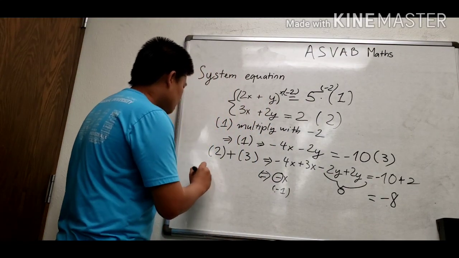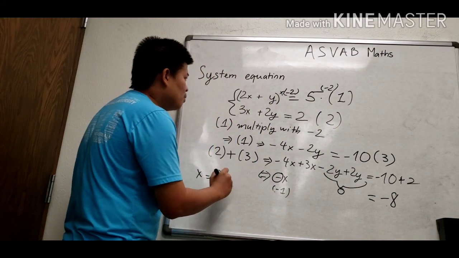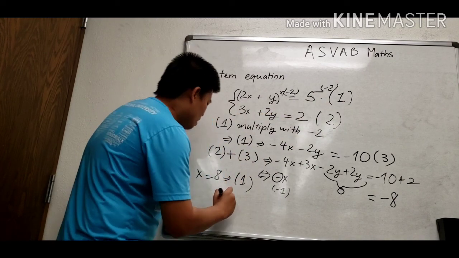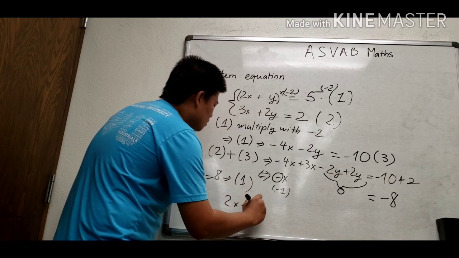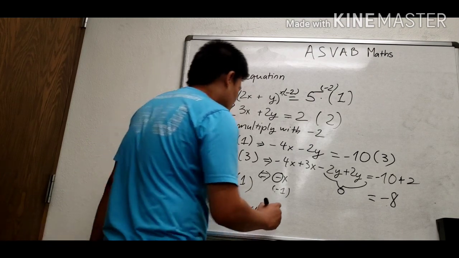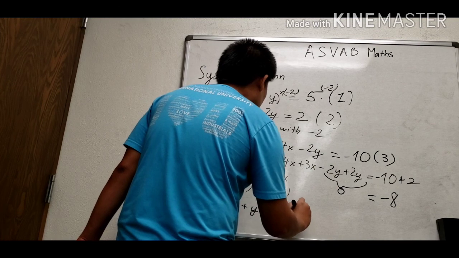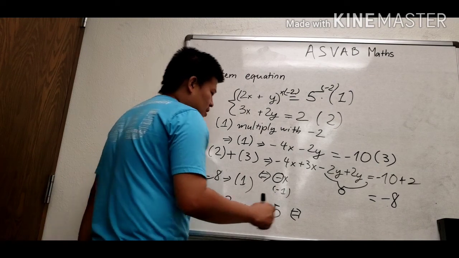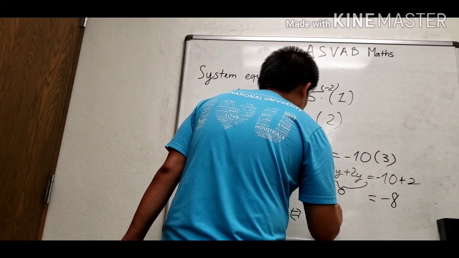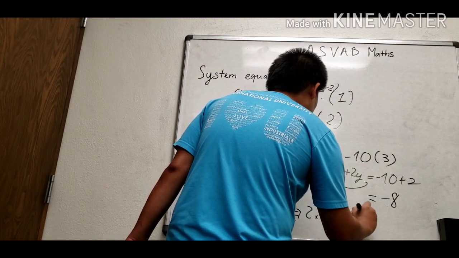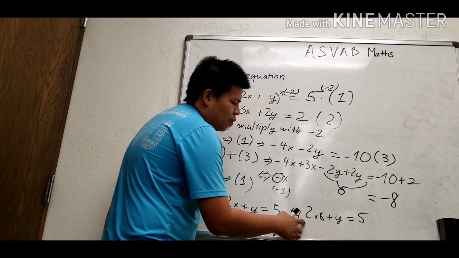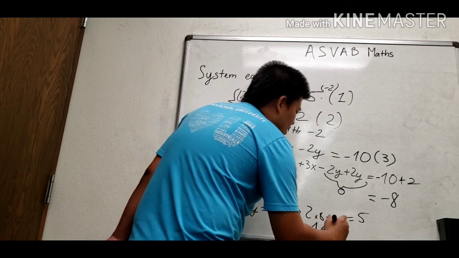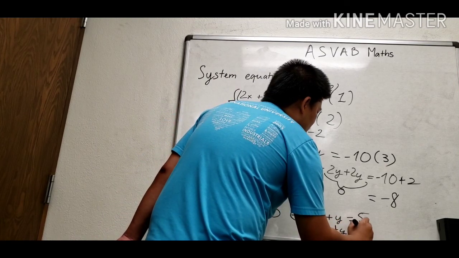After we got x equal 8, we can put it in equation number 1. We have 2x plus y equal to 5. We have number 8 in here, we put it in for x. 2 multiplied with 8 is 16, plus y equal to 5.